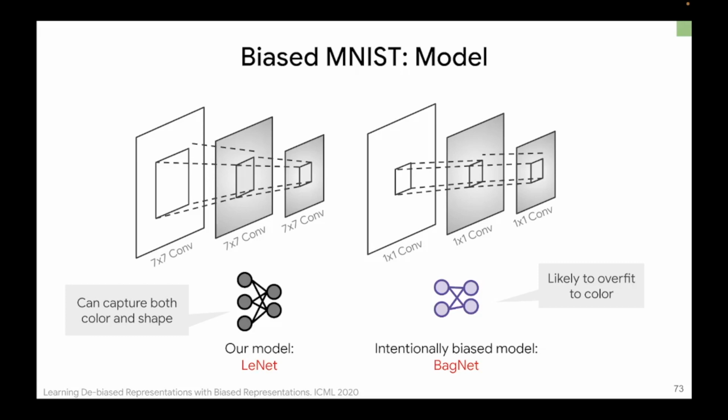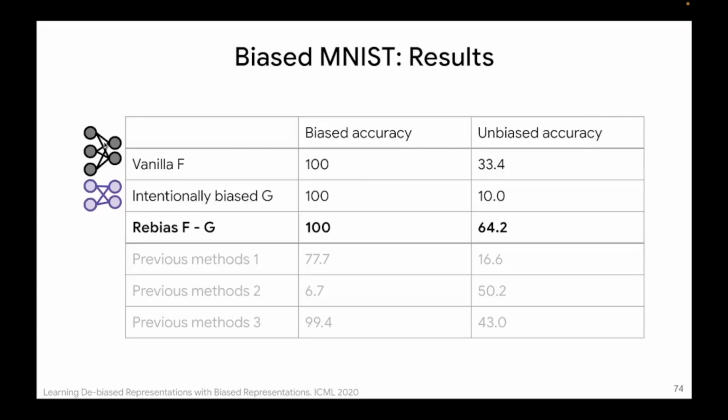That intentionally biases the model to only look at colors. For the original model, if you just train it in a vanilla way, because color is such a strong cue, the model will achieve 33% accuracy. The intentionally biased model is built to be just biased to color, so it achieves 10% random chance. But when you do the B-difference supervision between F and G, what you get is 64%, which is much better than the baseline 33%. So it seems to work here.